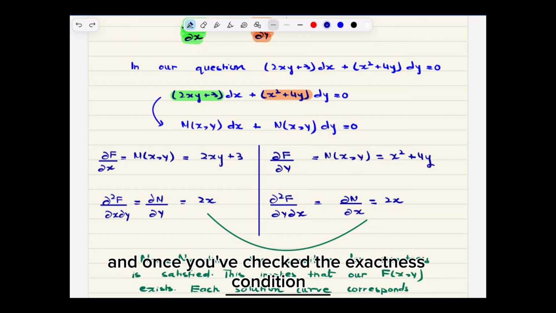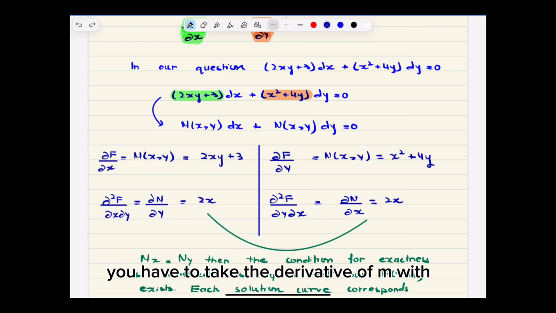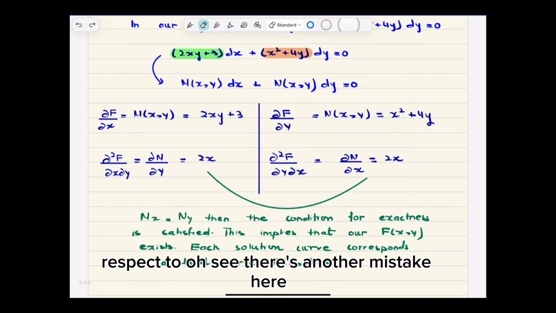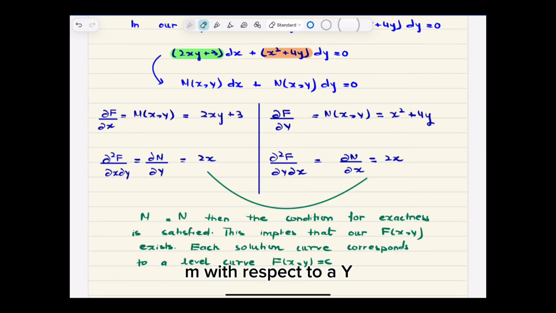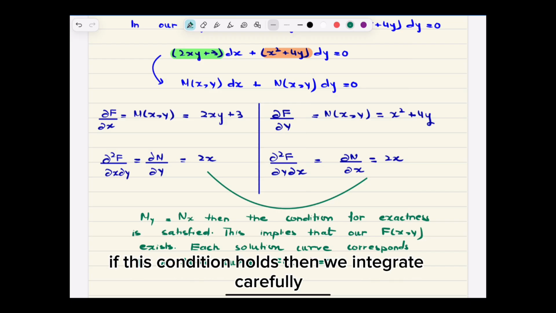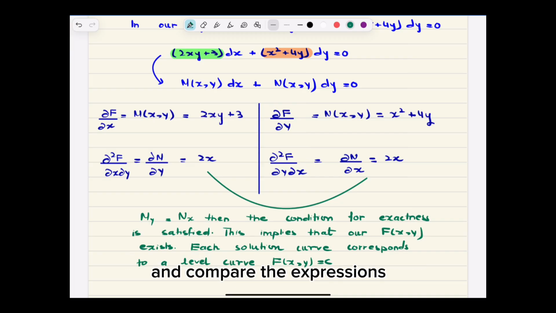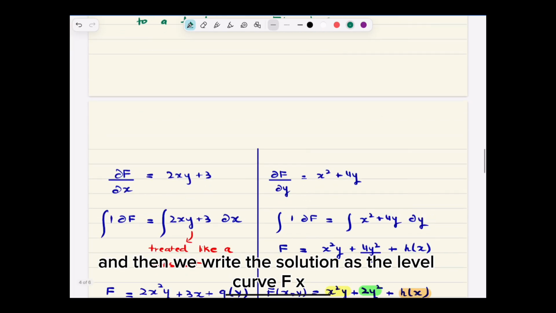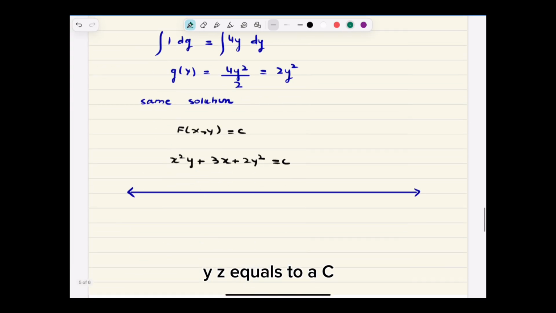Once you've checked the exactness condition, which is that you have to take the derivative of M with respect to, oh, see, there's another mistake here, M with respect to y, and it should equal the derivative of N with respect to x. If this condition holds, then we integrate carefully and compare the expressions. And then we write the solution as the level curve f(x, y) is equal to c.